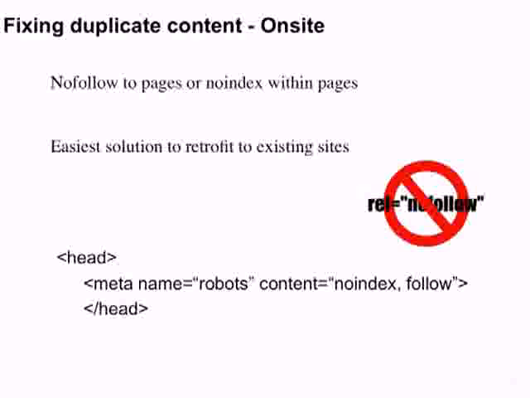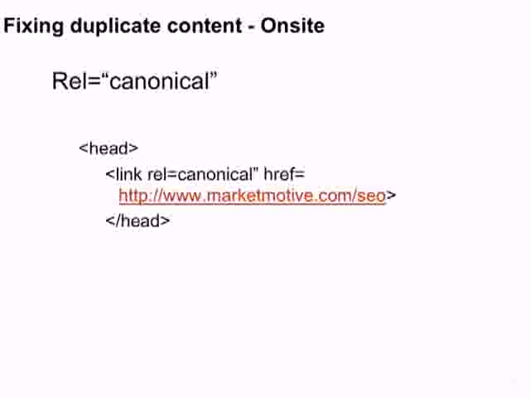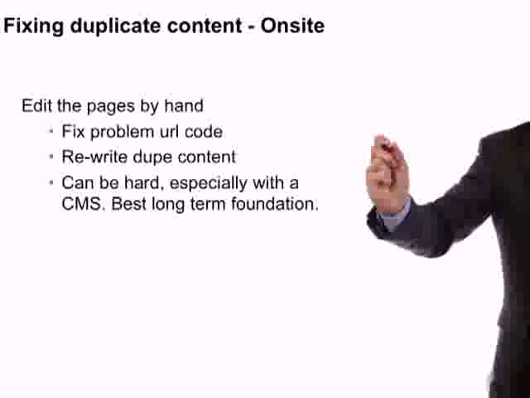If you're starting, you can plan with robots.txt, but maybe there's a bunch of old content that was indexed on your domain that someone created long before you were ever at the company. Rel nofollow can be a good solution here, along with rel canonical for those tracking URLs. The best solution along with robots.txt is rewriting every page by hand, fixing the problem URL code, but obviously this can be hard, and if you have a CMS in place, you might not know how to customize that content management system.